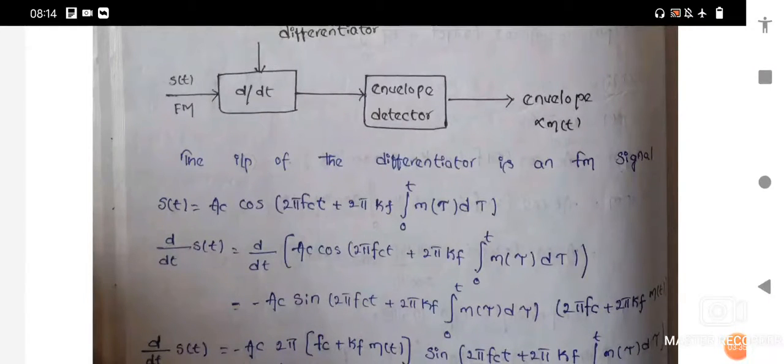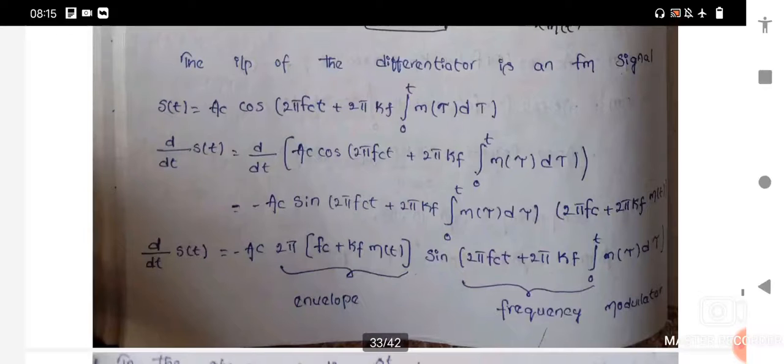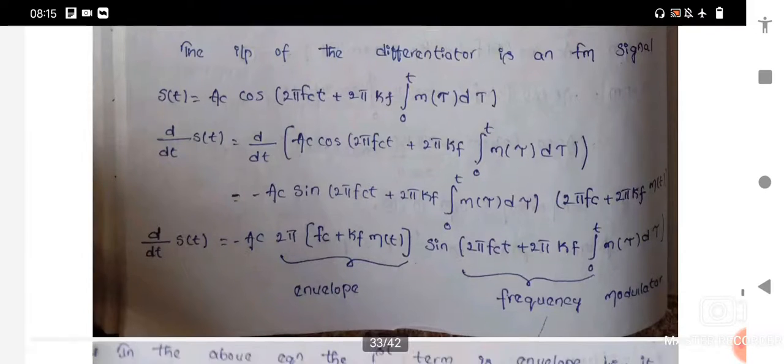Then apply the differentiator on both sides, that is d by dt of s of t equals d by dt of Ac cos of 2 pi fc t plus 2 pi kf integral 0 to t m of tau d tau. Rearranging that equation, we get minus Ac sine of 2 pi fc t plus 2 pi kf integral 0 to t m of tau d tau, times 2 pi fc plus 2 pi kf into m of t.